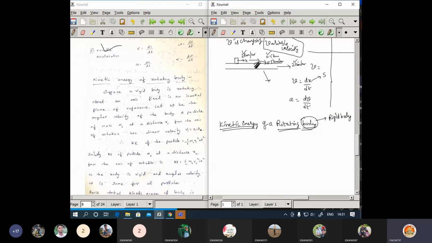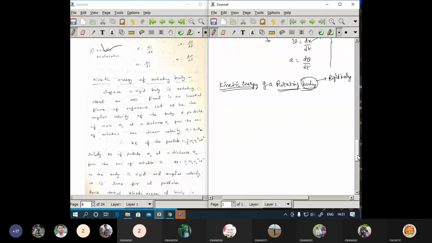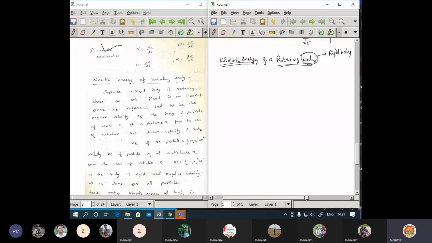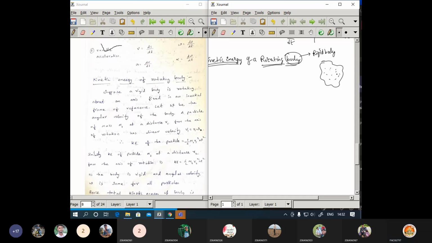Okay. Now what actually is the concept we are going to see. Here the rigid body means it is a solid body. If this is a body, some random shape, then there are some number of particles in it.